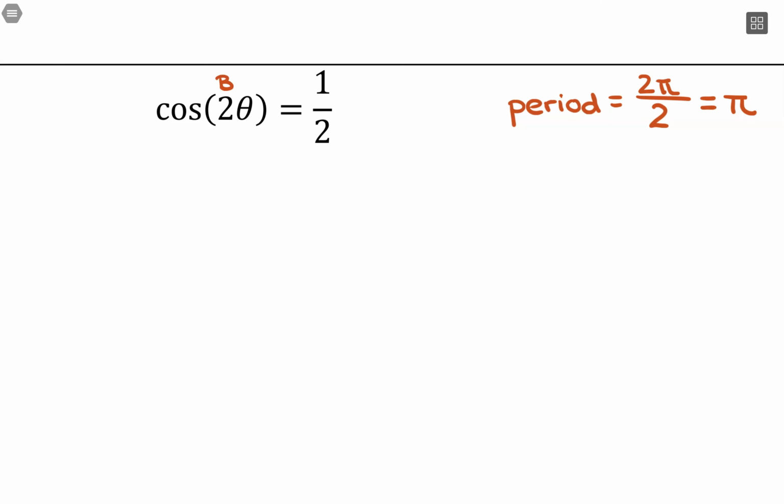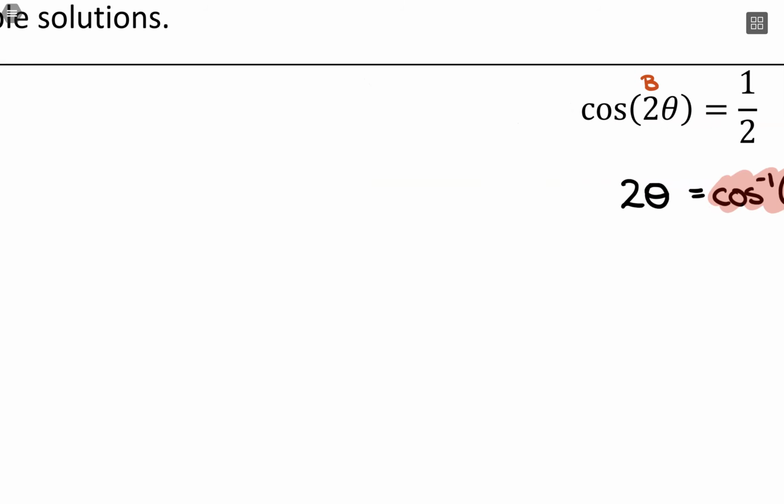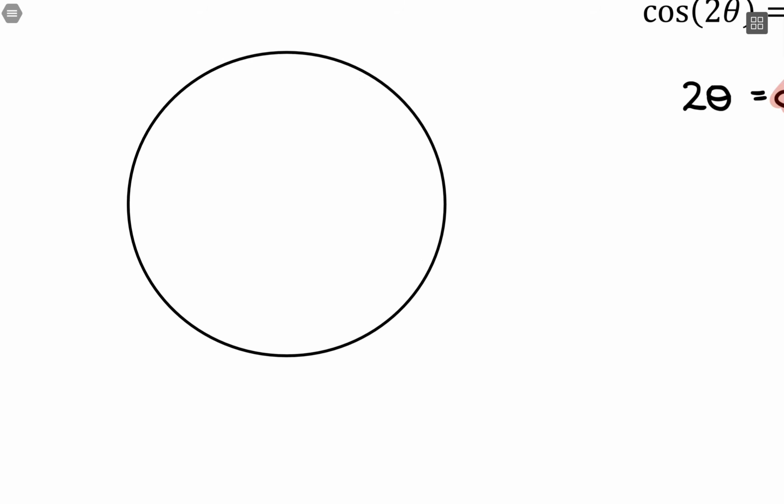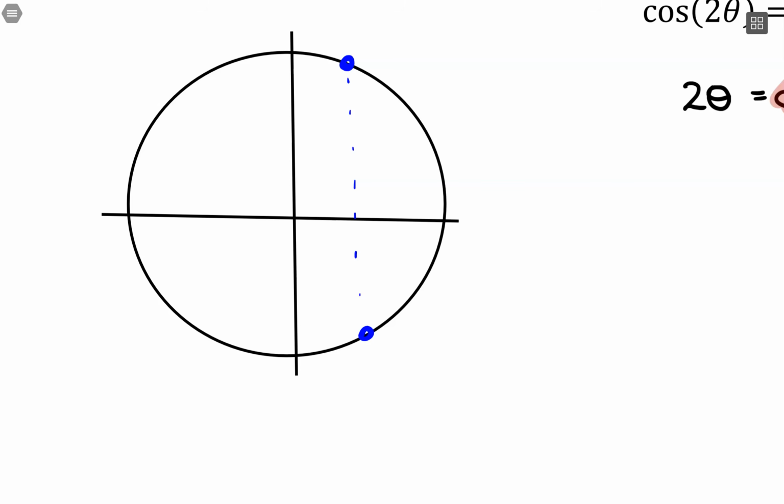Now I'm going to solve as I normally would. So I have my angle, 2 theta is equal to inverse cosine of 1/2. And then I'm going to grab solutions for the inverse cosine of positive 1/2. So if I go to my unit circle, thinking x is positive 1/2, which lands up here and down here, and that's one of our special values.